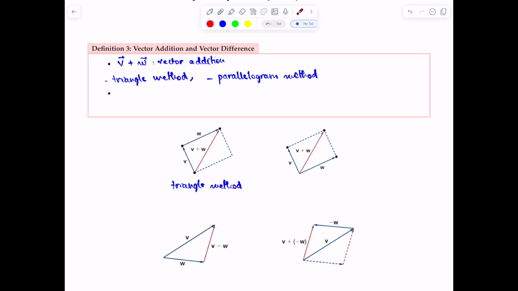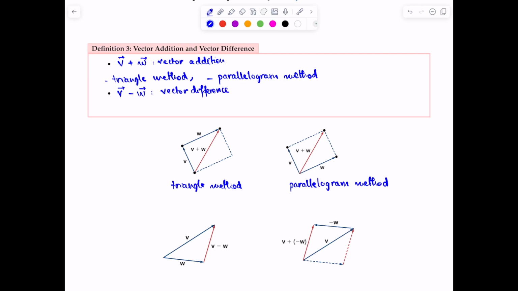For the parallelogram method, the vector v and vector w have the same tail, and when you perform the vector addition, they form a parallelogram image. So this is the parallelogram method. These methods are for vector additions. Now when you move to vector difference, you can do v minus w. So this is vector difference.